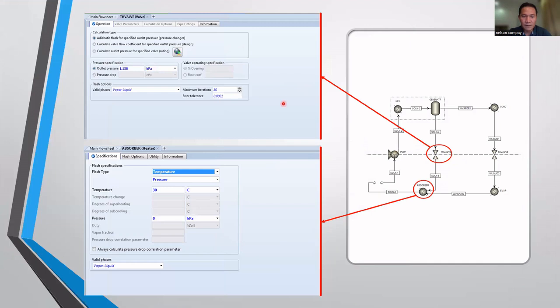For the throttling valve, we define the outlet pressure, the same as the evaporator pressure, which is 1.138 kilopascal. Then it is followed by the absorber, wherein heat is rejected to maintain its operating temperature at 30 degrees Celsius and 0 kilopascal pressure drop.